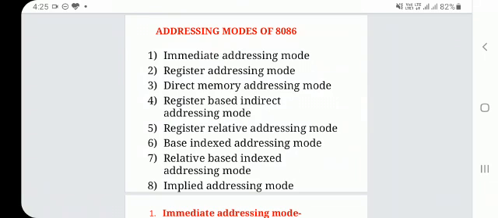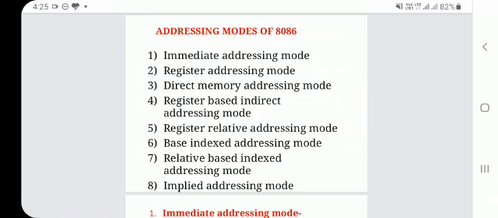According to the flow of instruction execution, the instructions may be categorized as sequential control flow instructions and control transfer instructions. So today we are studying the sequential control flow instructions.